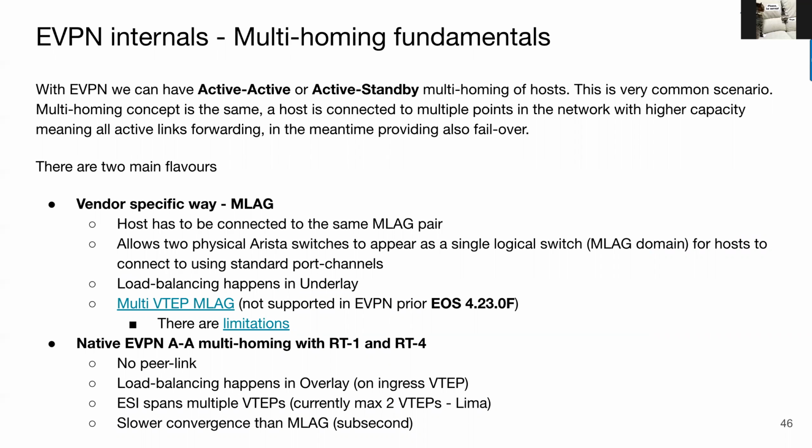So just a brief overview of multi-homing, which is another EVPN service. We can use active-active or active-standby with multiple, not just 2, devices. So depending on the host application, they might need to use multi-homing.